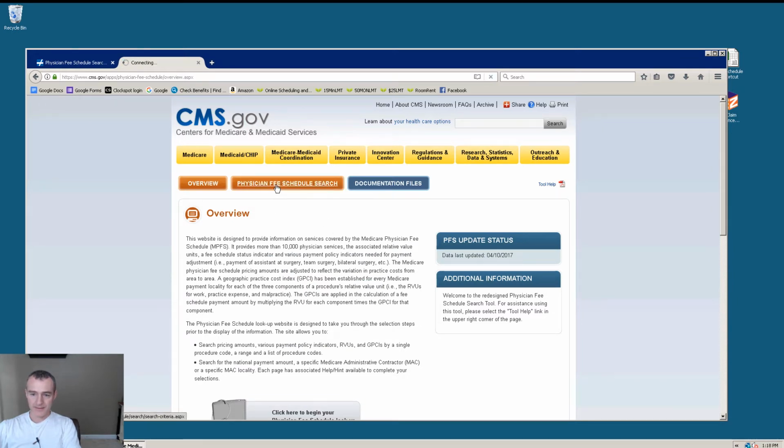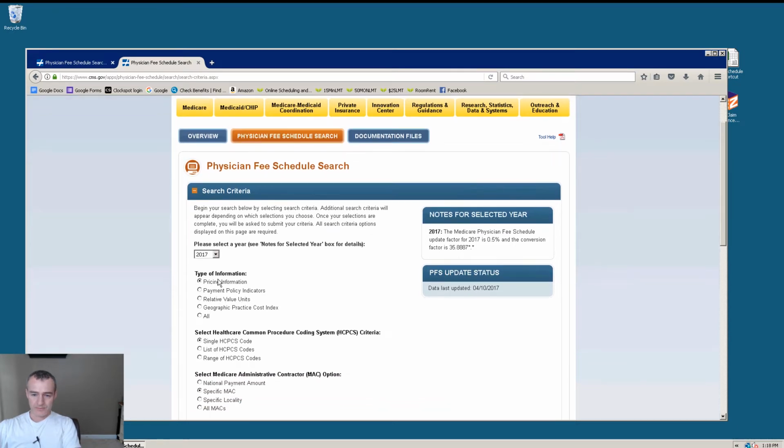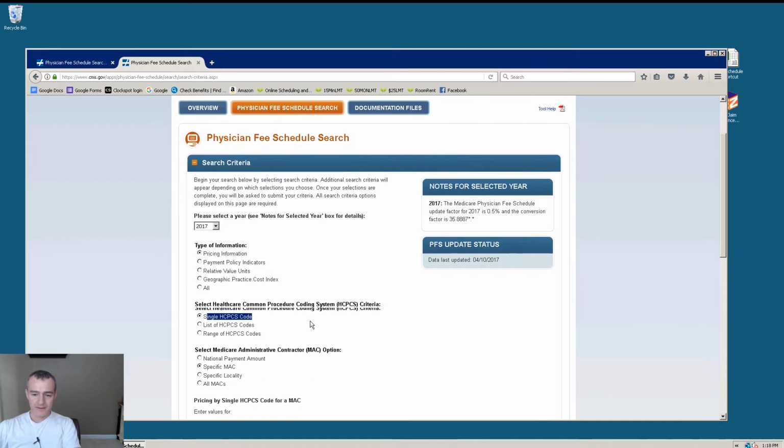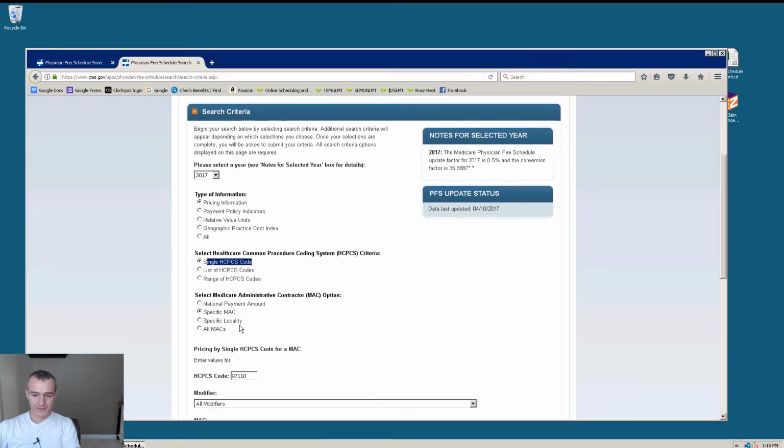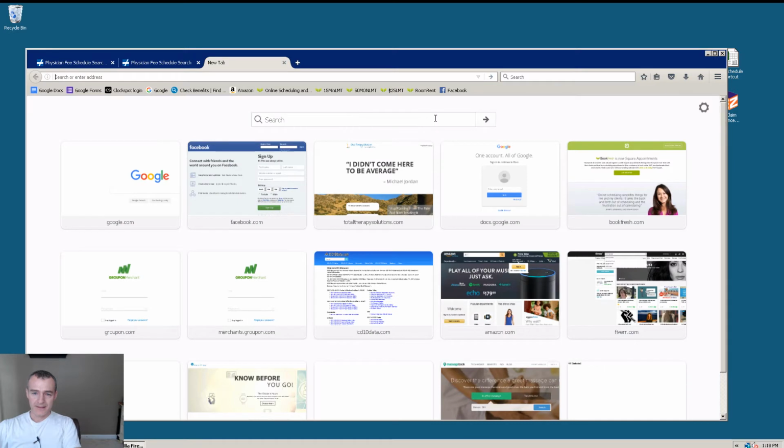Now right here in the middle, search. And so for most of what you're looking for in pricing information, just do single codes so we can find it quickly. If you're going by state, I tend to go by MAC provider. Just so you know what MAC is, let me see if I can look it up again.